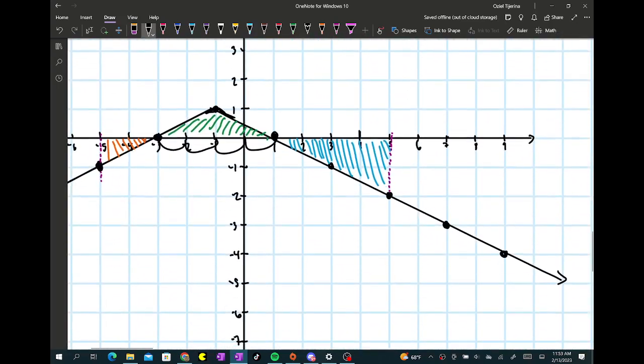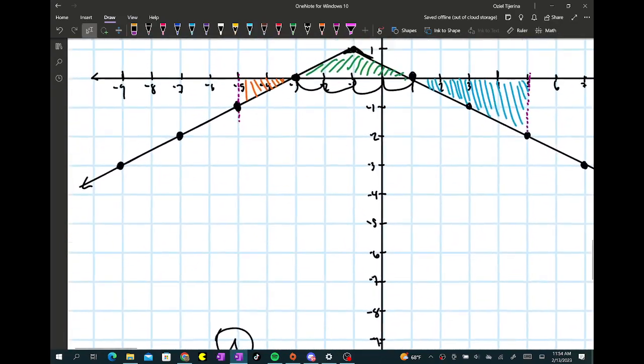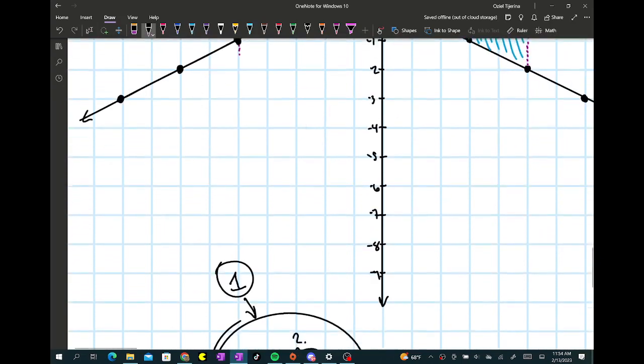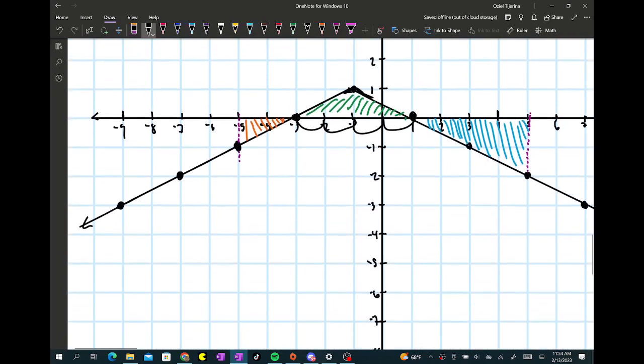And then finally, by the way, guys, if it is below the x-axis, it's going to be negative. I forgot about that. So this is actually -1 because it's below the x-axis.